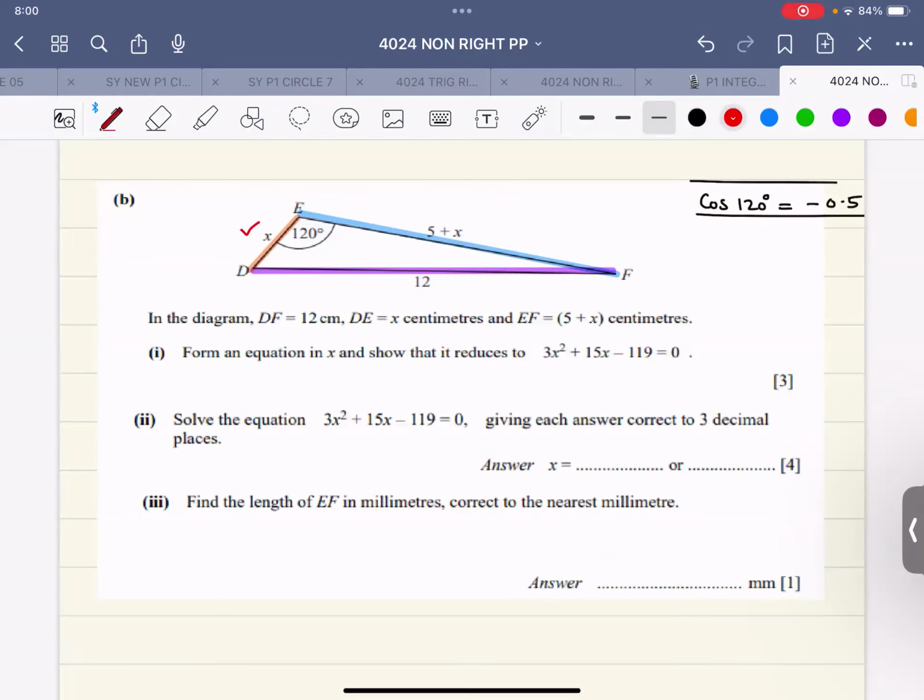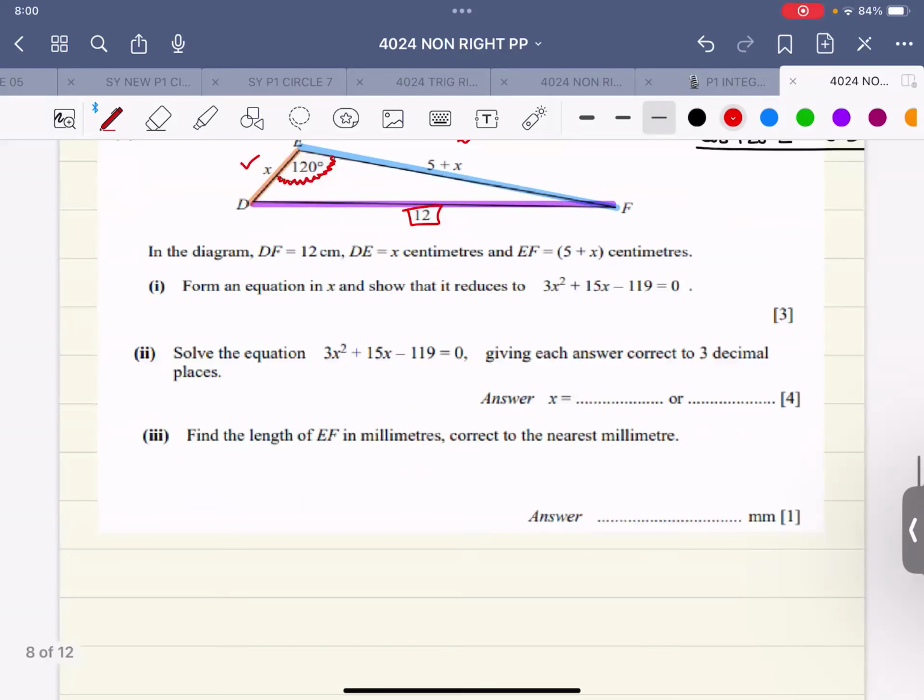Now we have two sides. We have the included angle. We can find the third side. So we will write 12 squared is equal to x squared plus 5 plus x inside the bracket whole squared, minus inside the bracket 2 into x into 5 plus x into negative half.